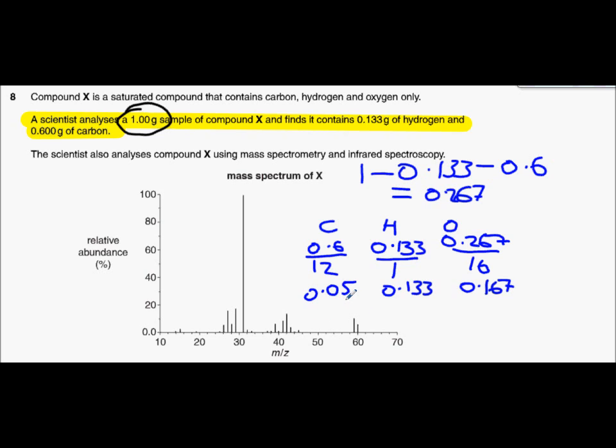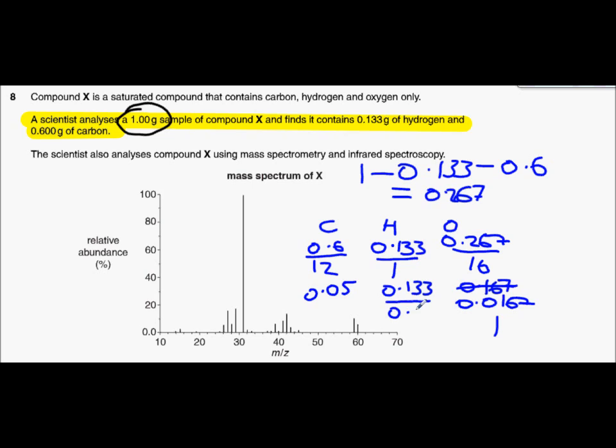So if we divide, oh no, we haven't. Sorry, I've made a mistake here, haven't I? This oxygen is actually 0.0167. So that's going to be the smallest one. I'm going to divide through by that. So I'm going to have 1 oxygen in the end.